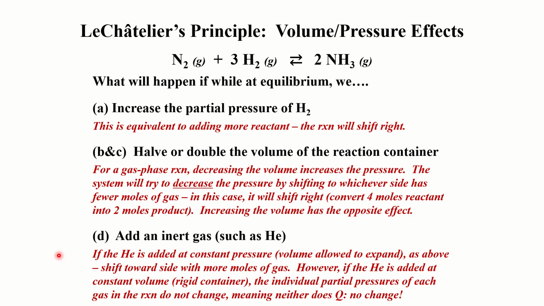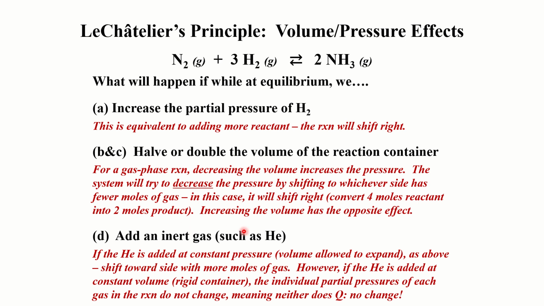If you need a review on this, I recommend checking out Chapter 8. This comes from the definition of an ideal gas. It also deals with Dalton's law of partial pressures. We know that if we add more gas to a container, these gases don't really affect each other significantly.